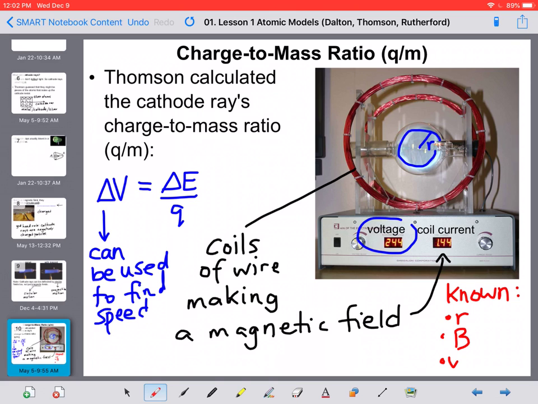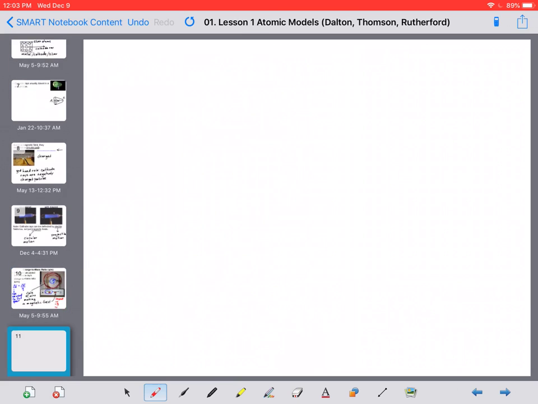And the speed of the cathode rays was known. Okay, and so what Thomson did is he was like, okay, I'm going to try to calculate the charge to mass ratio for the cathode rays. The reason that he calculated charge to mass ratio is that he didn't have enough information to just calculate the charge, and he also didn't have enough information to just calculate the mass.